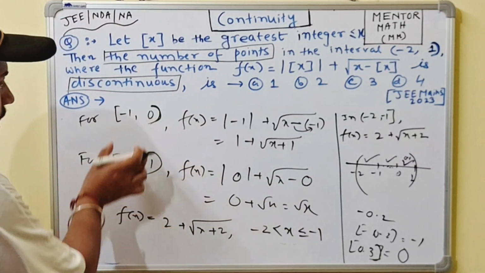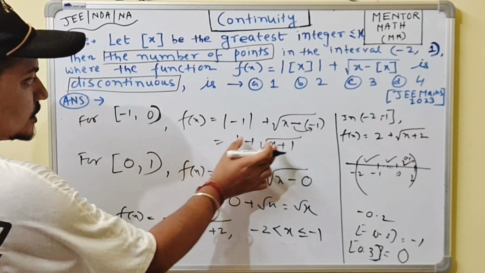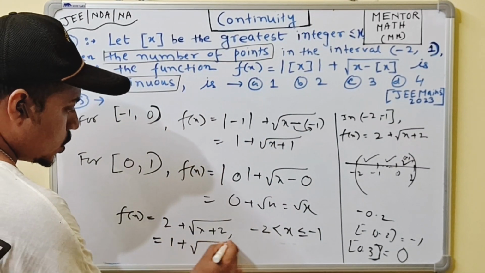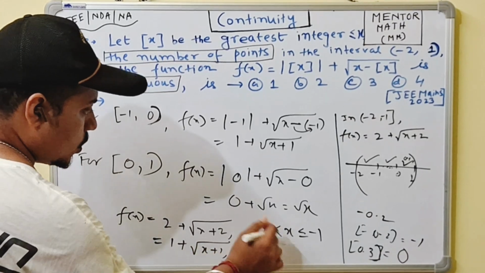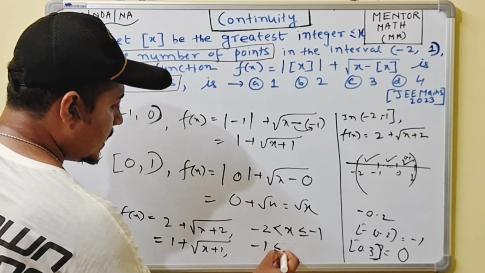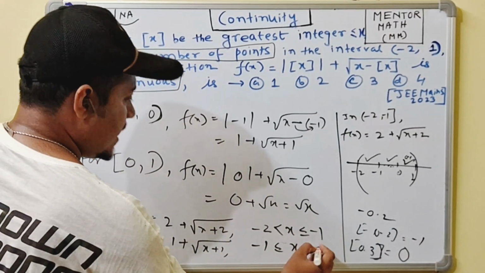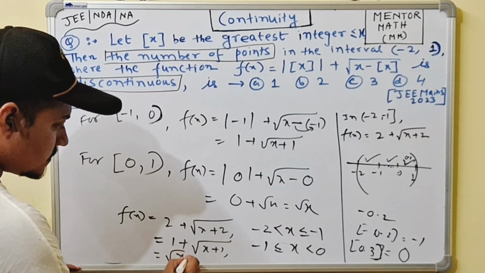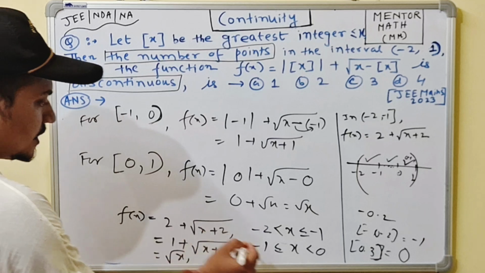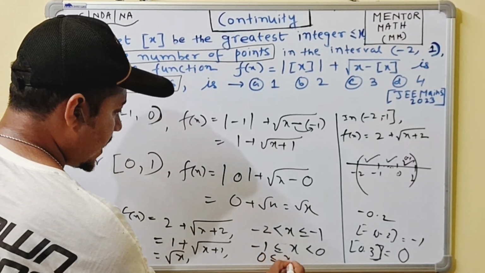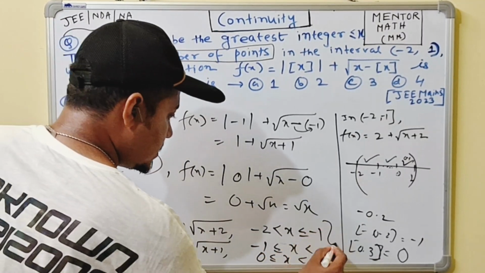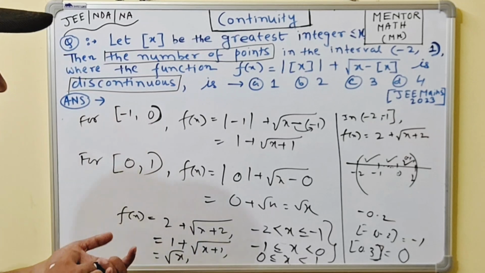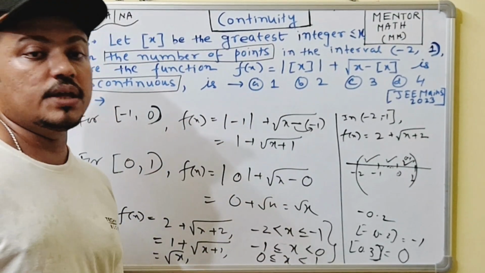And whenever it comes to minus 1 to 0, the function gives 1 plus root under x plus 1 whenever minus 1 less equal to x less than 0. And finally you get root x, and that time the interval is 0 less equal to x less than 1.